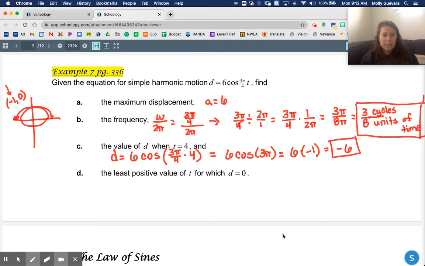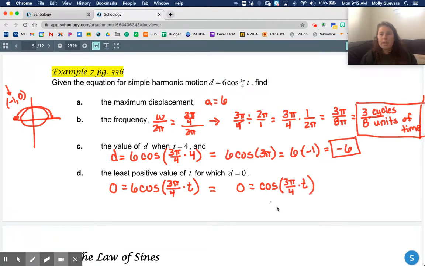And then the last one says the least positive value of t for which d is 0. Okay, so I want to enter 0 here. 6 cosine of 3 pi over 4t. Okay, so in order for this whole thing to be 0, right, I can divide by 6, and I get 0 equals cosine of 3 pi over 4 times t.